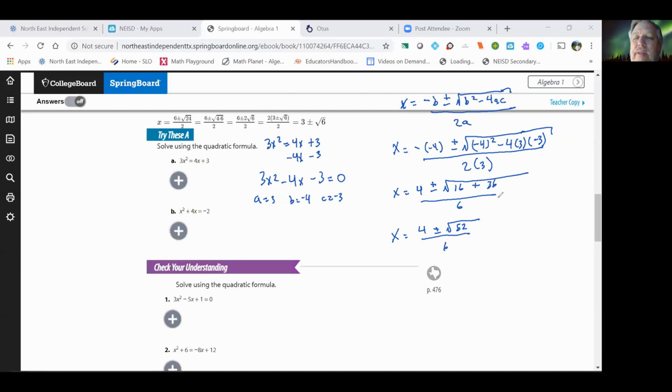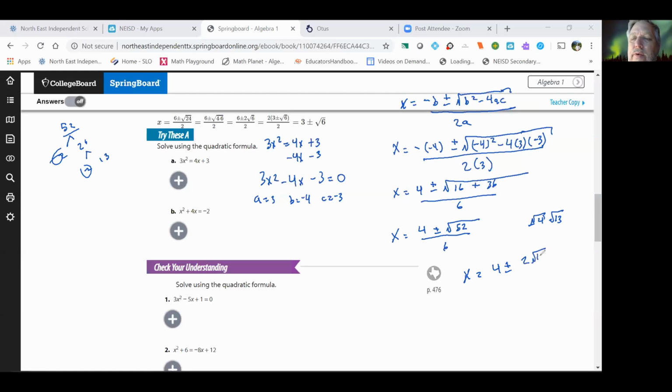So we look to see whether we can simplify the 52 at all. We'll do our factors of 52 here: 2 and 26, 2 and 13. So I do have a perfect square of 4. So it'll be 4 times 13, so it's going to be the square root of 4 times the square root of 13. And so x is equal to 4 plus or minus the square root of 4, which is 2.